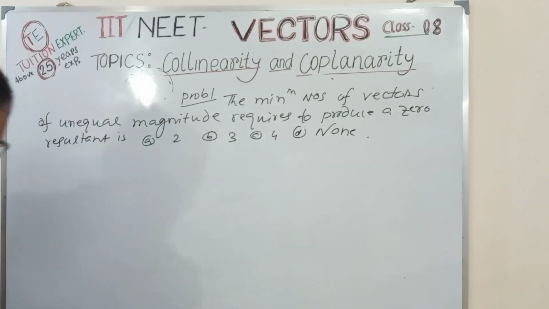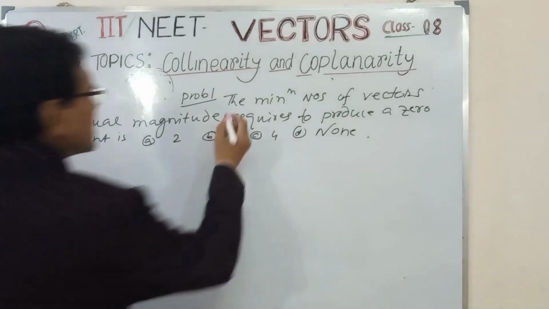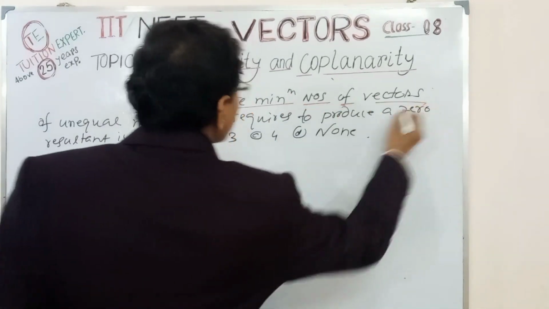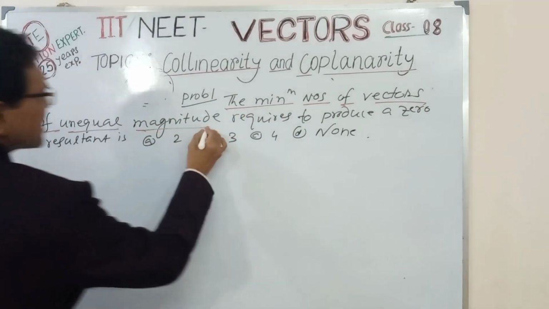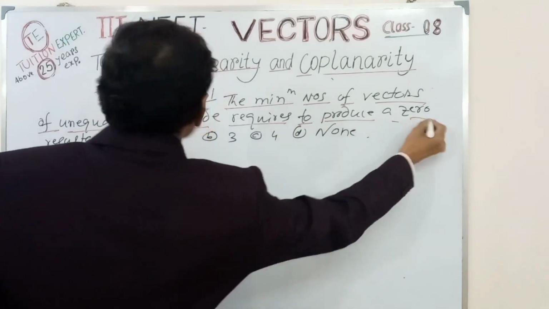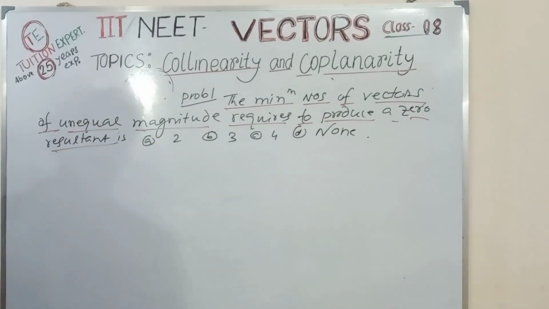The minimum number of vectors of unequal magnitude required to produce a zero resultant is what?